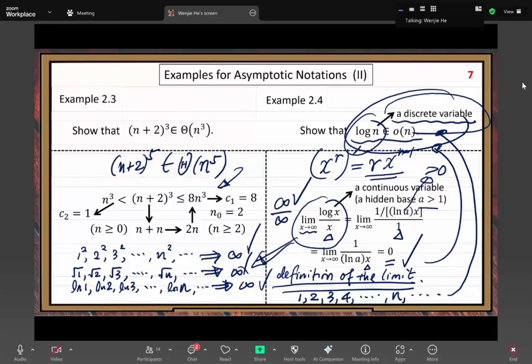That is not rigorous. Just to let you know, when you read, you need to be aware of that kind of problem. All right, let me move to the next question, 2.5.